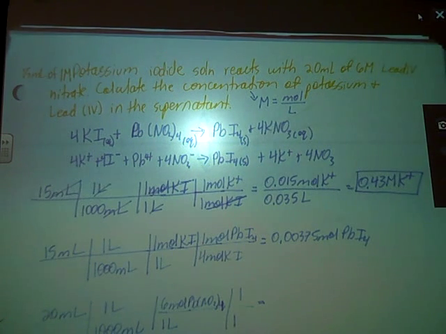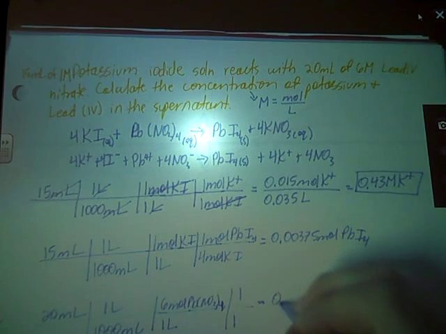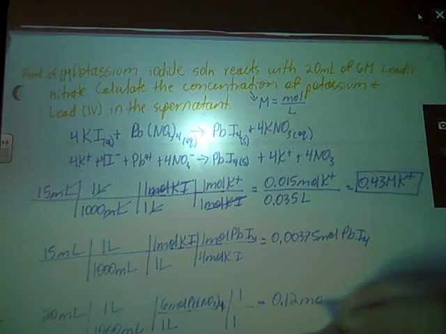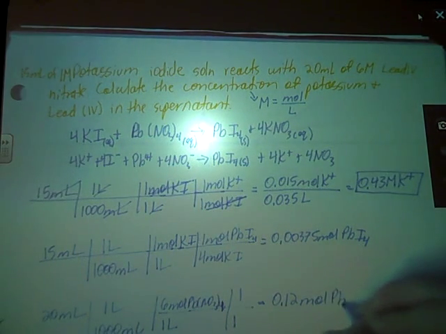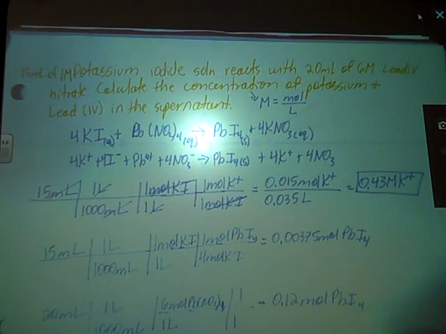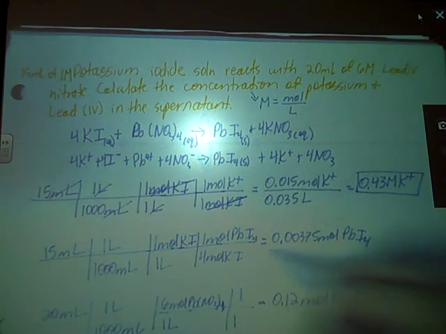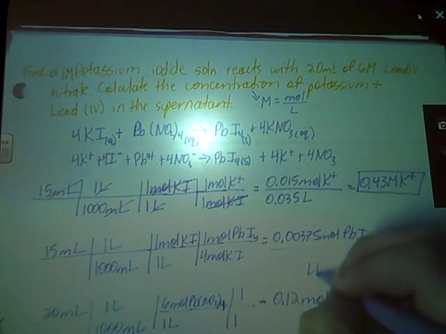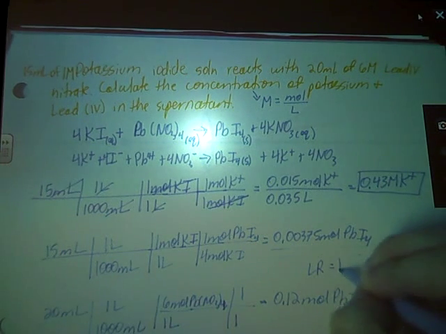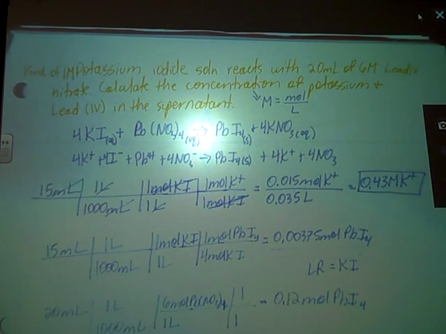So 20 times 6 divided by 1,000 is 0.12 moles of our lead iodide. Alright, so looks like it is our iodide that runs out first. This gives me the smaller number of moles, which makes my limiting reagent my potassium iodide, not my lead nitrate.